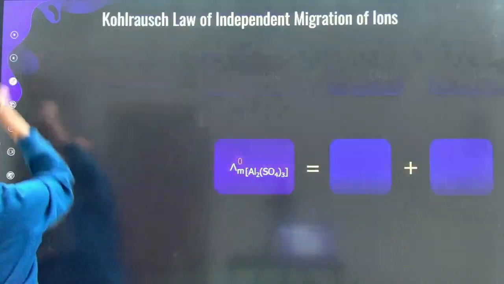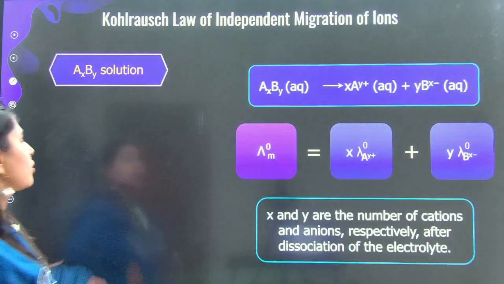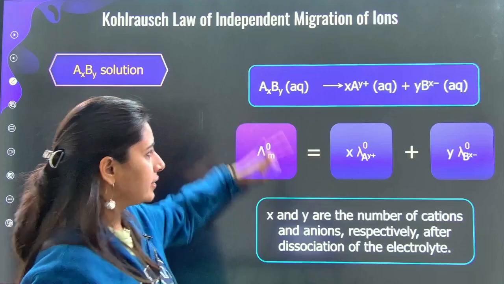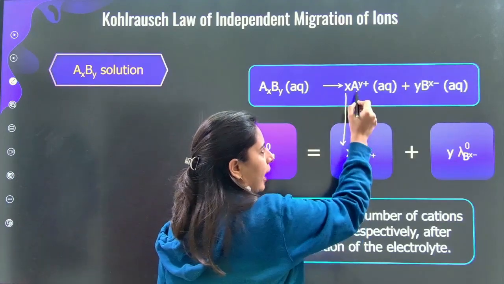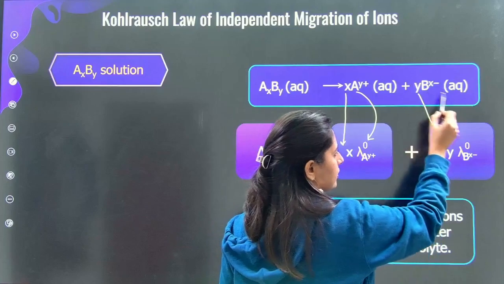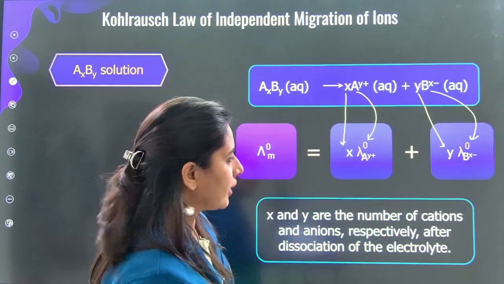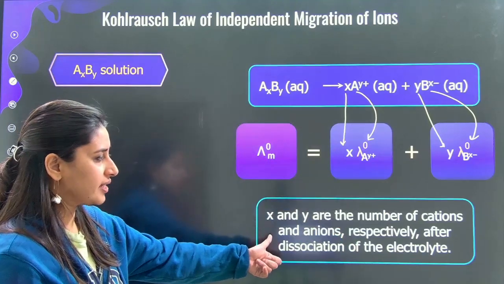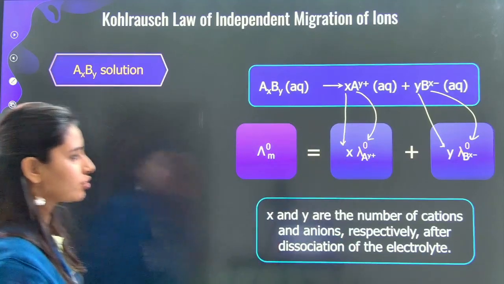You got that? Now we can say for any such AxBy kind of a solution, we can simply write lambda naught as the stoichiometry as it is, times the lambda naught of that particular ion at infinite dilution. Here x and y are the number of cations and anions respectively after dissociation of the electrolyte.